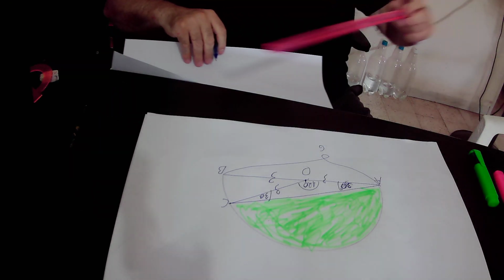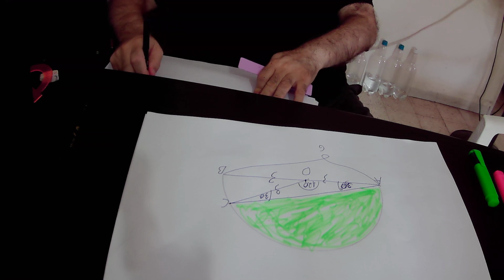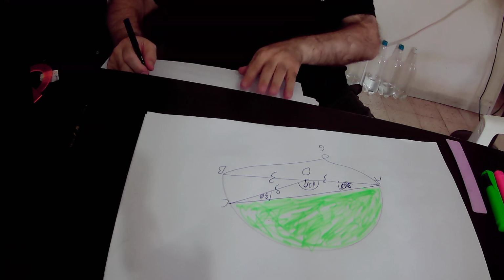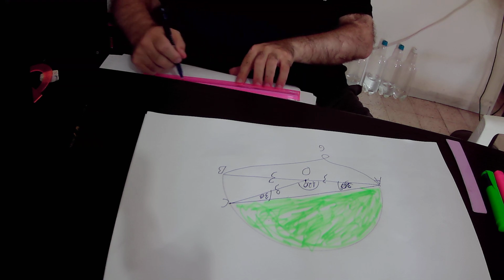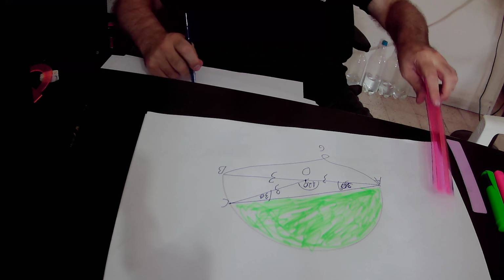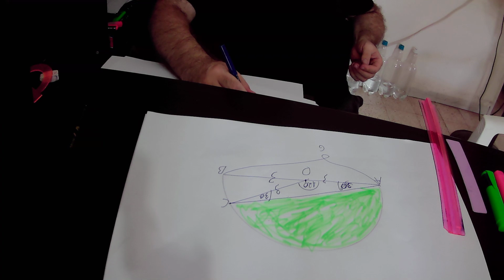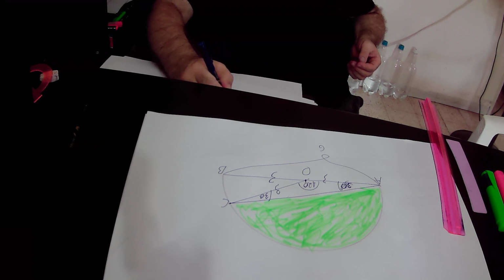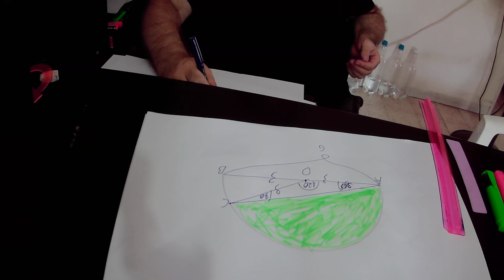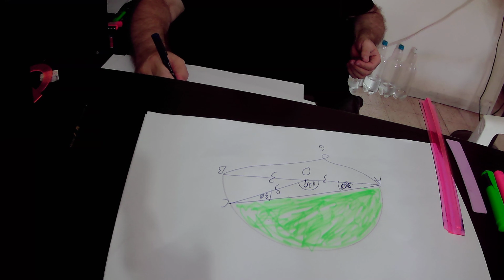But what is the area of the green shape? On the drawing, it is very easy to see that the area of the green shape equals the area of sector AOC minus the area of triangle AOC.